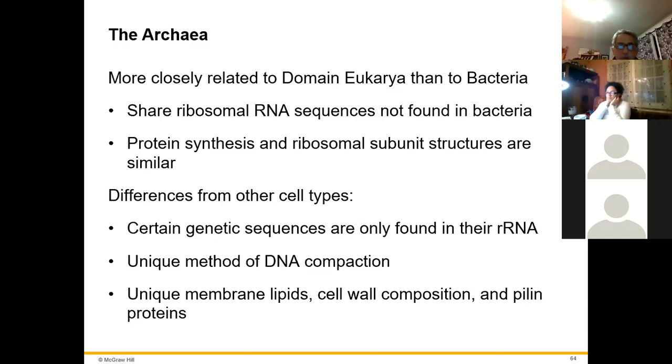They have a unique method of compacting the DNA. They have unique membrane lipids, unique cell wall composition, and unique proteins for the pilin. If you remember, these are proteins that bacteria use for attachment.